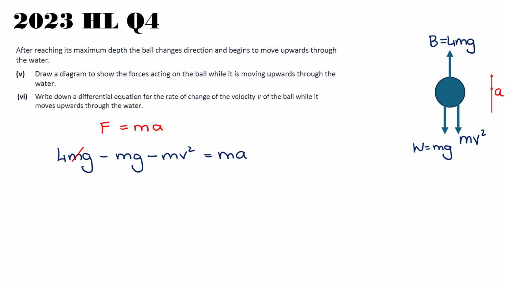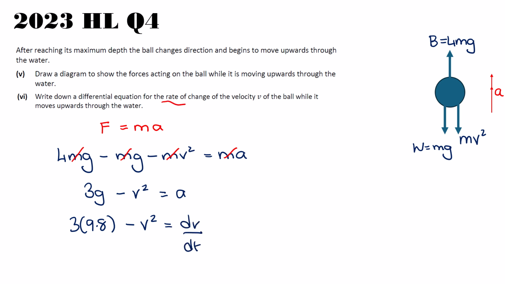And then our m's all cancel out, so that gives us 3g minus v squared is equal to a. We're going to focus on the fact they asked for the rate of change of velocity. Rate of change without any other qualifiers is basically our dv/dt. So here we're going to sub in our 9.8 minus v squared, and that's going to be replaced with dv/dt.